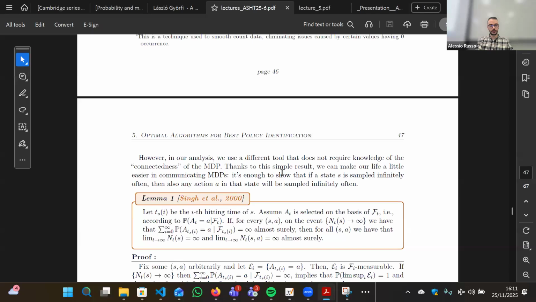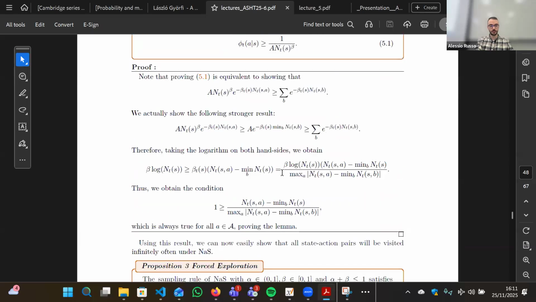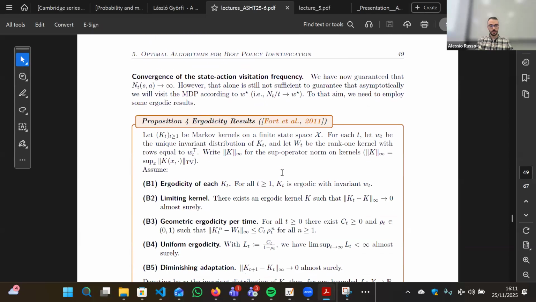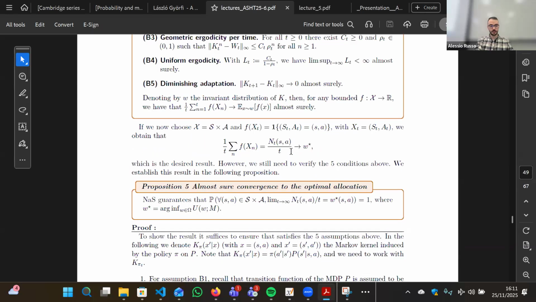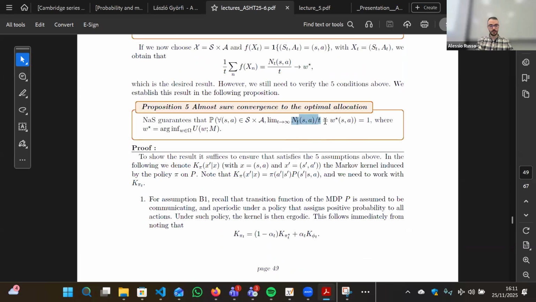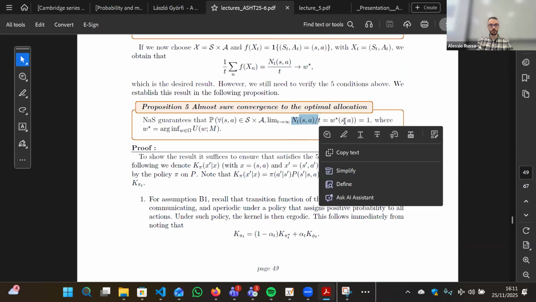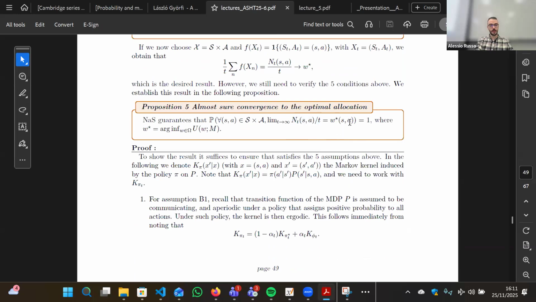So if you remember, in track and stop, what we wanted was to ensure that this quantity converges to the optimal W star. Because if it's converging to the optimal W star, the optimal exploration strategy, then you can show that asymptotically you are exploring according to the W star, and so asymptotically you are reaching optimality. So this is the main issue of the analysis.